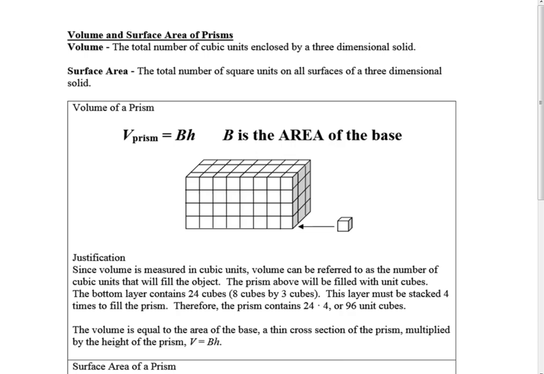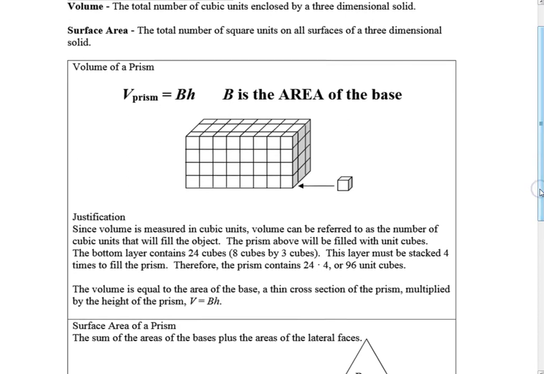Okay, so when we're looking at volume and surface area, the volume is the total number of cubic units enclosed by a three-dimensional solid. And the surface area is the total number of square units of all the surfaces. So you're going to see this formula. This is on your formula sheet.